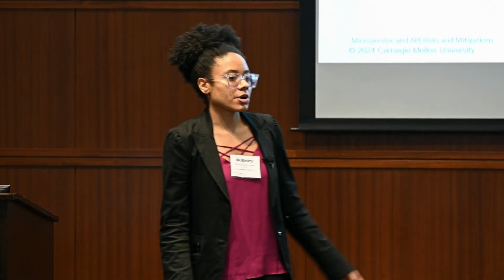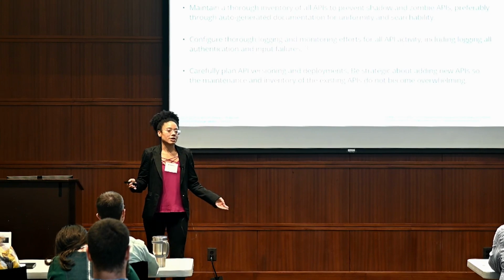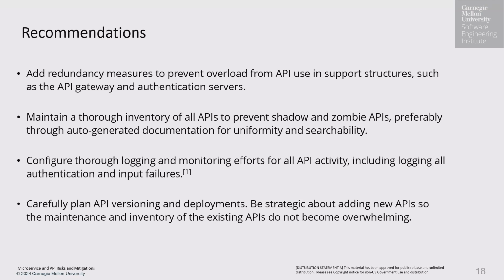Next, configure thorough logging and monitoring. Like I said, if you don't have visibility into your APIs, a whole bunch of stuff could be happening to them, so make sure that you have logging and monitoring implemented, and also careful versioning and planning of your deployments. Each time you add a new API to your network, it's not only the time of making the API, but there's also all of the overhead structures associated with it.